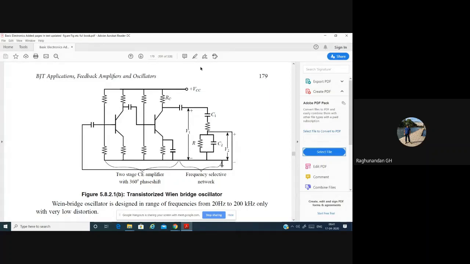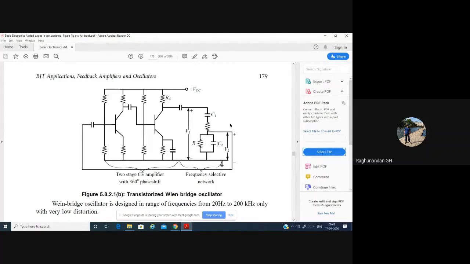Now the question is why we need this coupling capacitor. Basically, our interest is to generate a sinusoidal wave, or AC signal, because we are designing a signal for a particular frequency, which obviously means a sinusoidal AC signal.